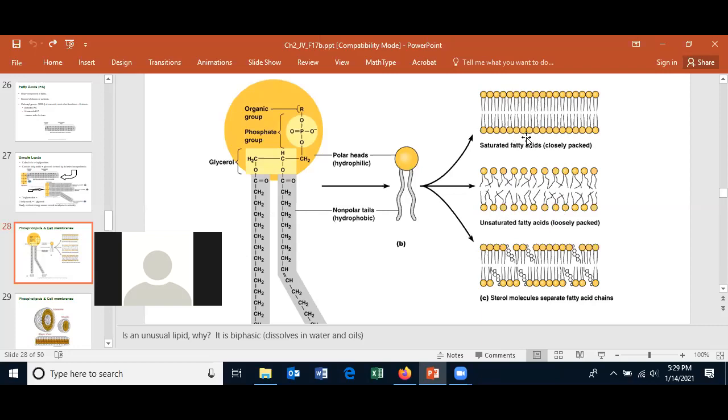And so the moose doesn't want their cell membranes near their hooves to be like this. And you don't need to know this, I'm just telling you where you can find this.